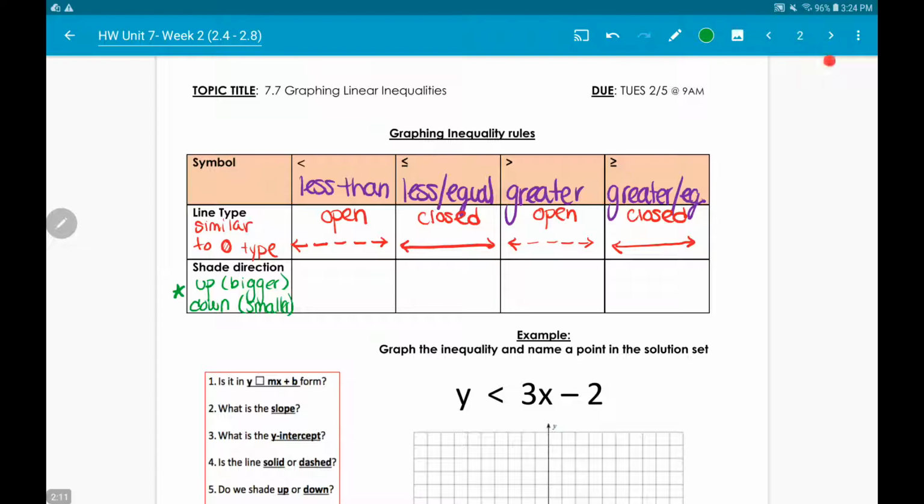Okay, so for less than, we are going to shade in the downward direction, or smaller numbers. So for example, if I had this as my line, I would shade down. Less than or equal to, it's also less, so it's still going to remain down. The only difference there is our line type.